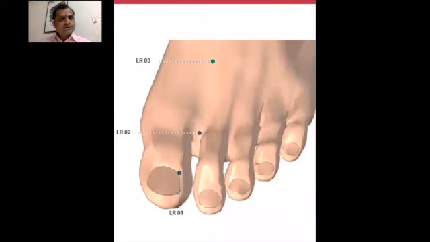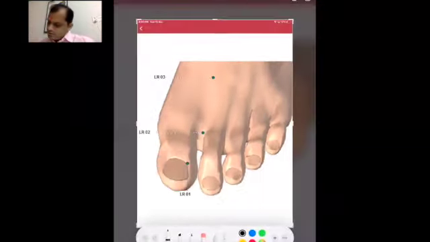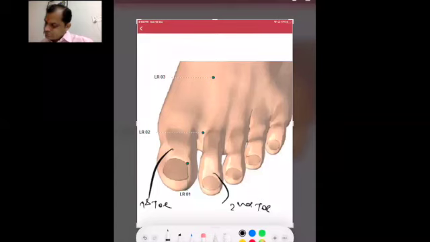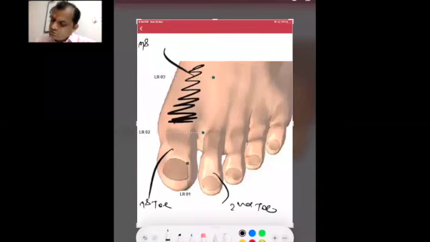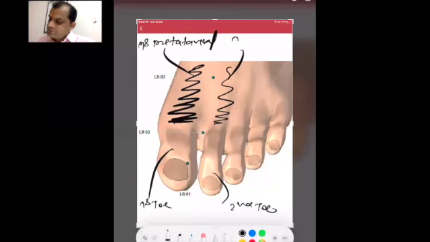So look at this image. Here, this is the first toe, this is the second toe, this is the first metatarsal, and this one is the second metatarsal.